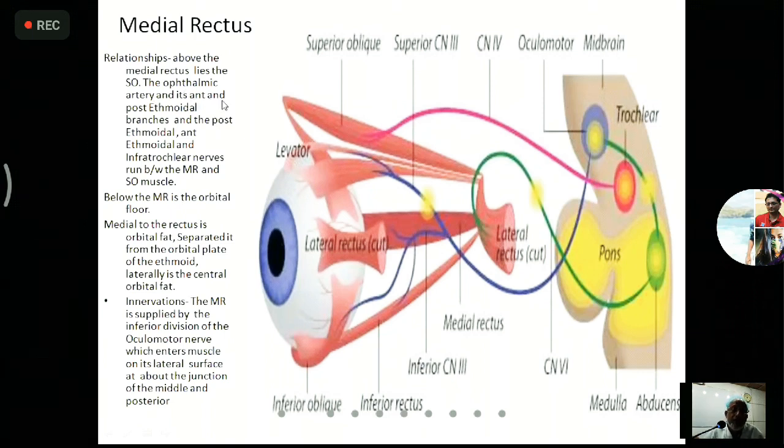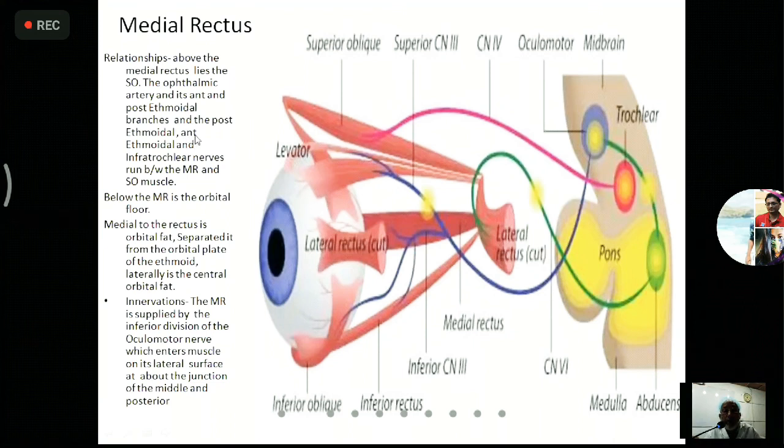The ophthalmic artery, anterior and posterior ethmoidal branches enter the posterior ethmoidal foramen, and the anterior ethmoidal nerves lie between the medial rectus and superior oblique muscle. So do we know where the ethmoidal foramen lies? The ethmoidal foramen lies from the equator, from the anterior lacrimal crest, about 20 millimeters posterior in the orbit, and the posterior one is about 10 millimeters further posterior. So around 25 to 30 millimeters from the anterior lacrimal crest are the anterior ethmoidal foramen and the posterior ethmoidal foramen.